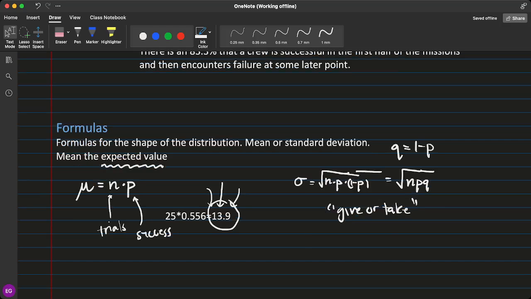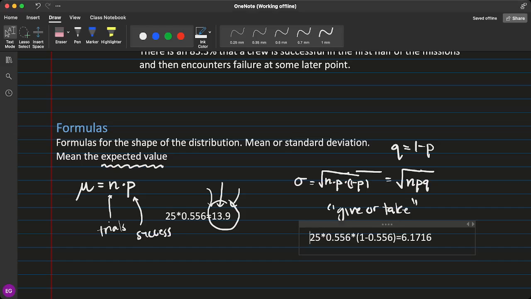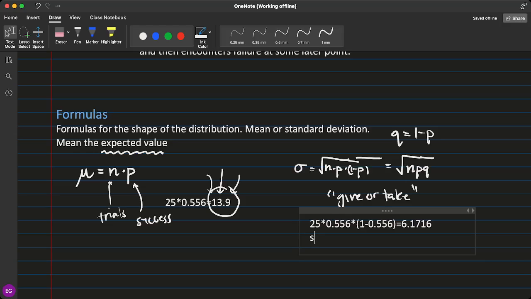So if we do 25 times 0.556 times 1 minus 0.556, that's 6.17, and then we need to take the square root of that. Let's see if we can do square root 6.17, 2.48.